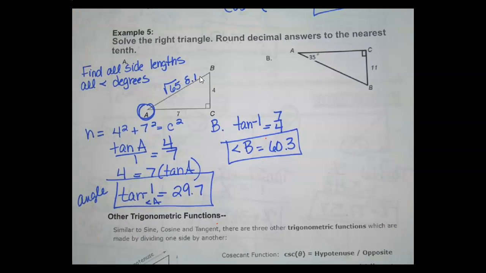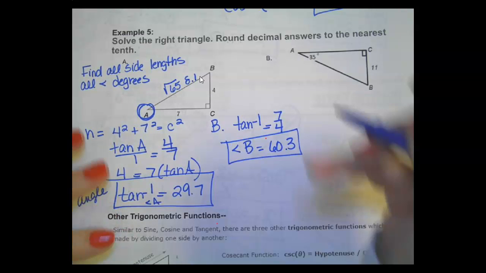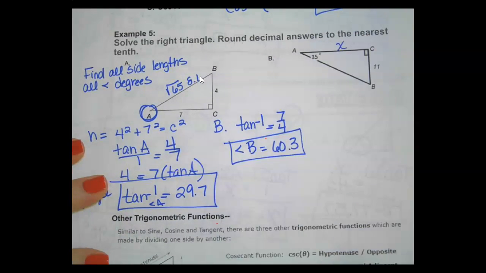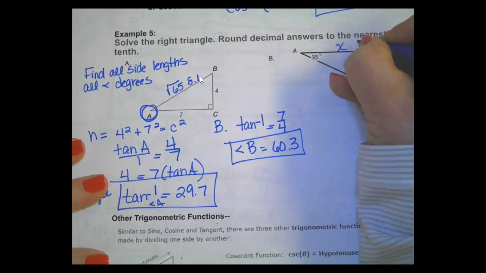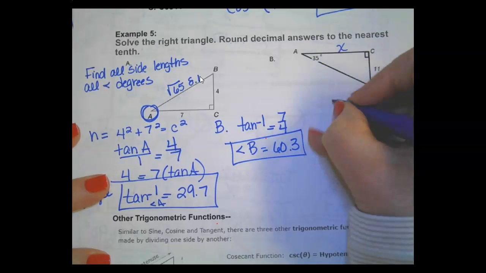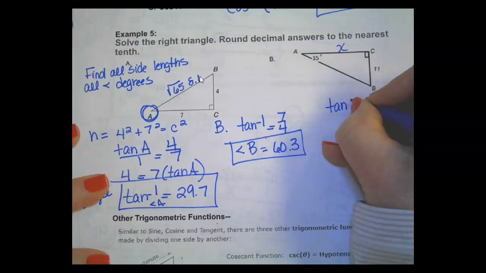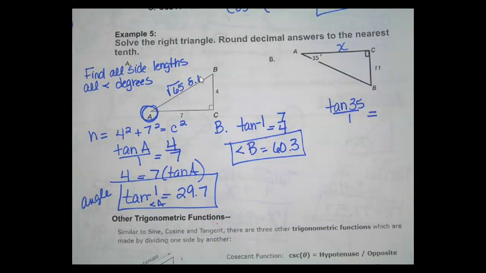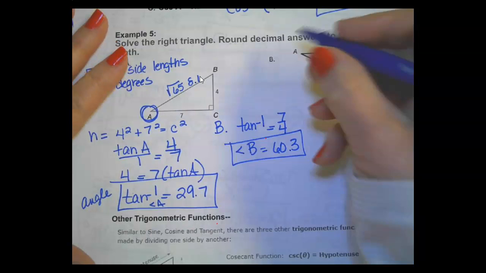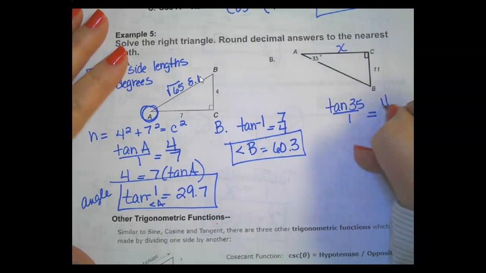Okay, so on this one, we don't have a lot, do we? We know that to find this, this is opposite adjacent, right? So we can use tangent again. So I'm going to use tangent of 35 over 1, since we're trying to find a side length. And opposite is 11 over x.